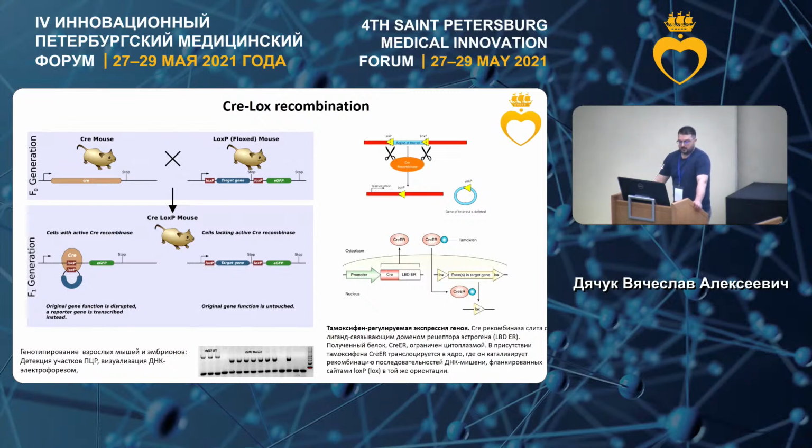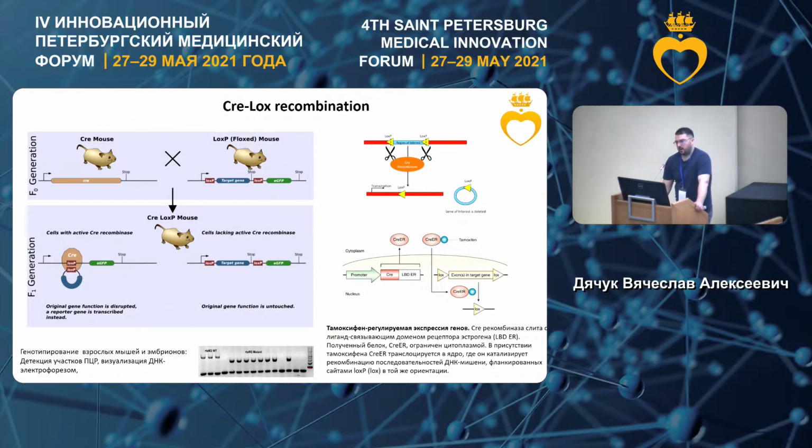This Cre mouse is combined with the LoxP mouse, and the LoxP mouse possesses two types of cells: those with active recombinase, which you can see as GFP cells, and cells without an active Cre, the wild type.